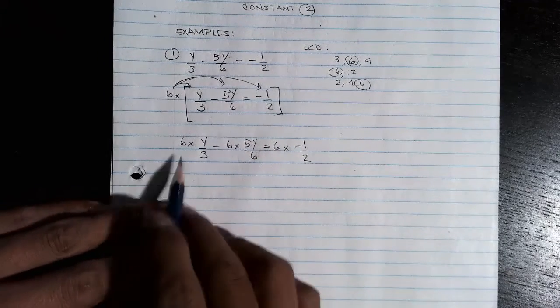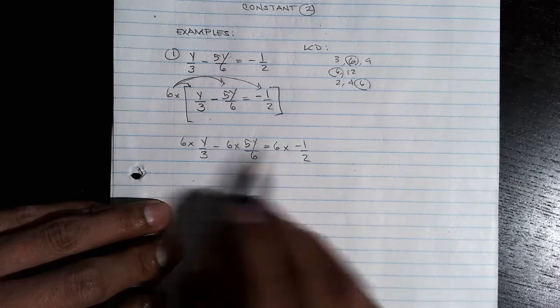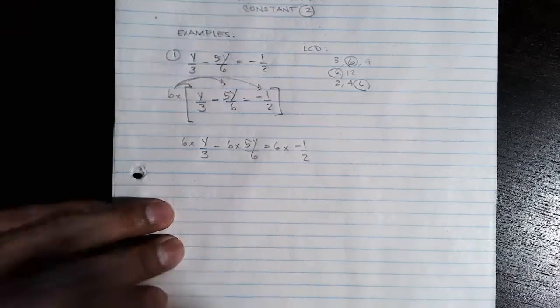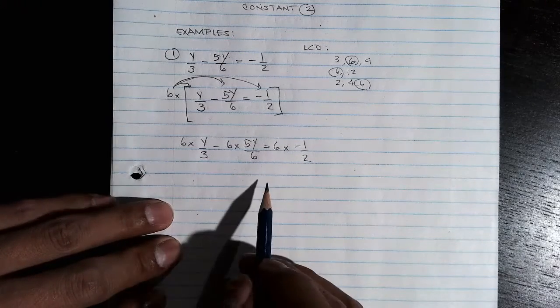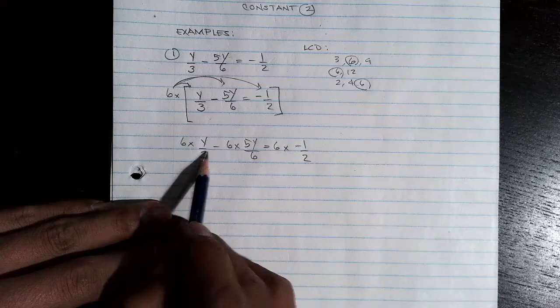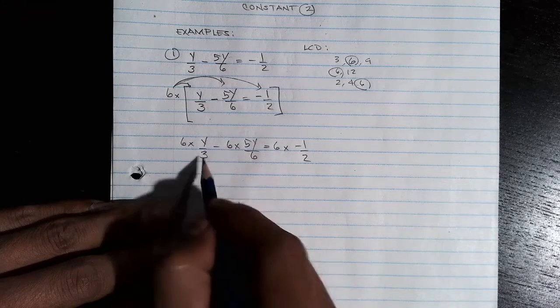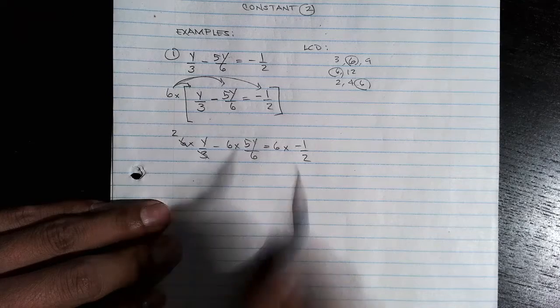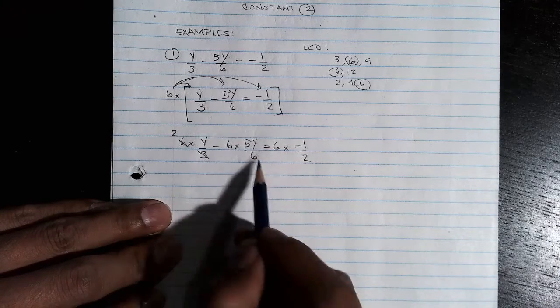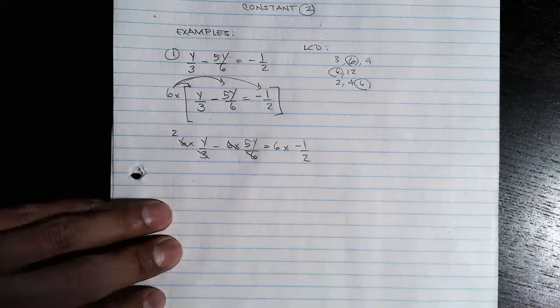Well, if you're going to multiply everything by the same value, technically you're not changing anything about this equation. Okay? So what does this do? Well, really, this 6 will cancel or reduce with this 3 because 6 divided by 3 is 2. 6 divided by 6 here is just 1, so that disappears.